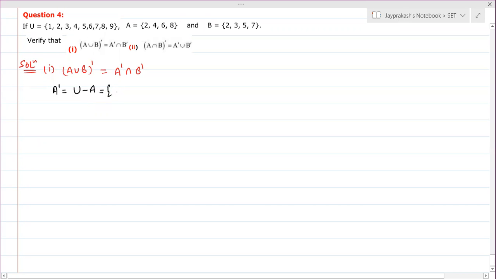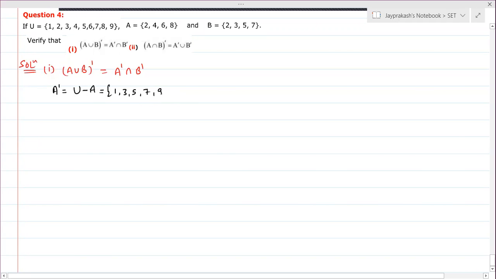So the remaining elements from U will be 1, 3, 5, 7, and 9. And in the same way, B complement.